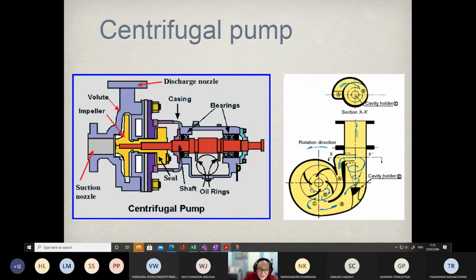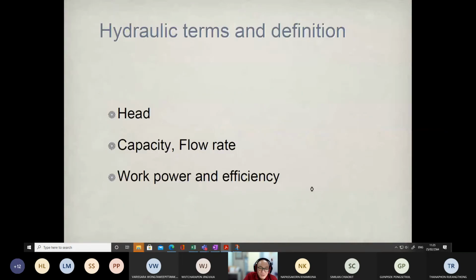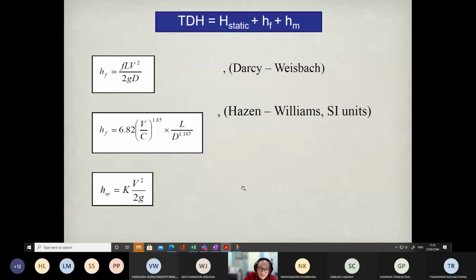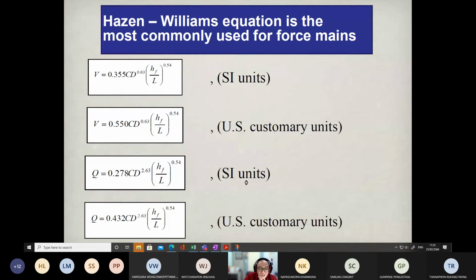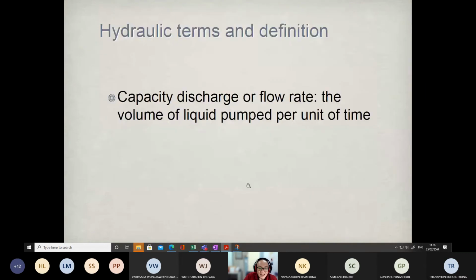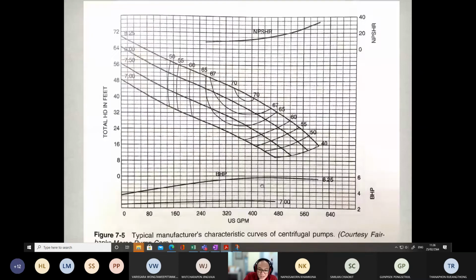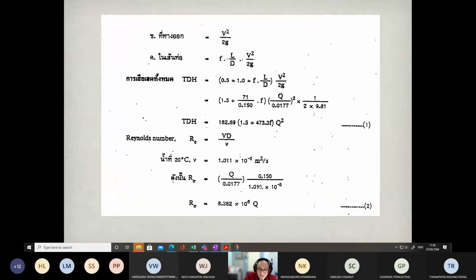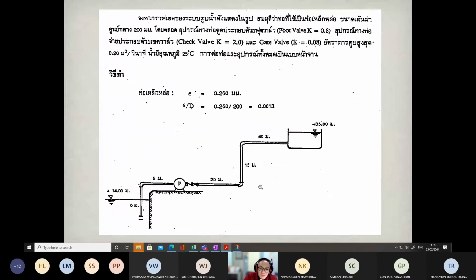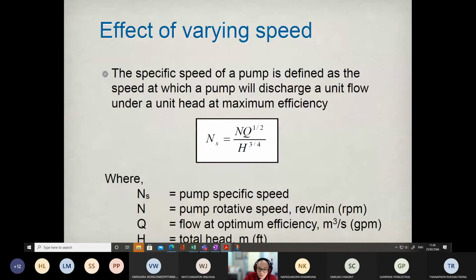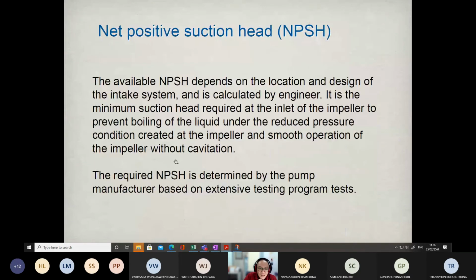This gas or vapor forms bubbles, because the pressure of the liquid reached the vapor pressure. These bubble formations we normally call cavitation, or cavity formation.